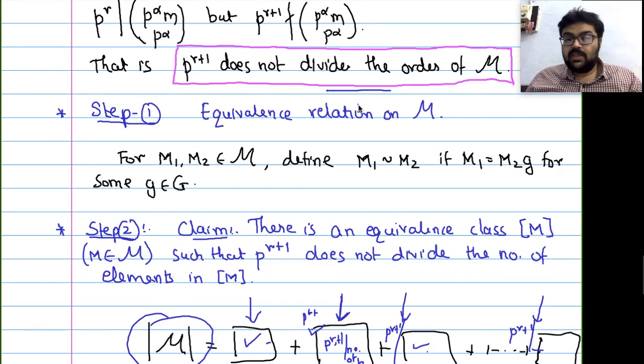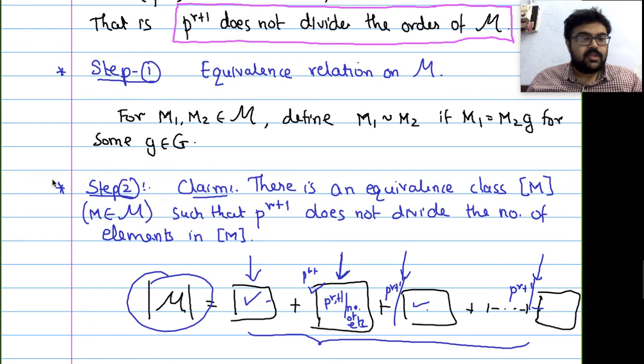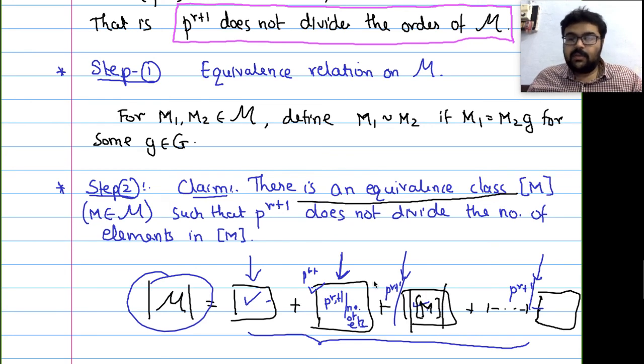So there is one equivalence class, let us call it M, such that p power r plus 1 does not divide the number of elements in it. Is it clear?